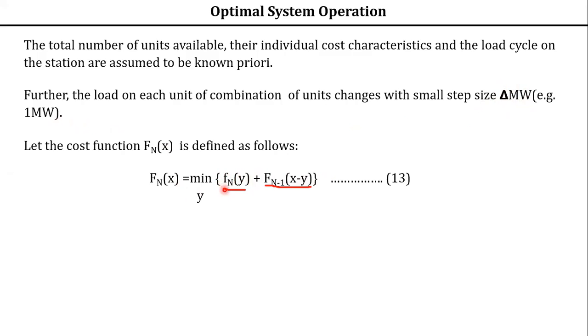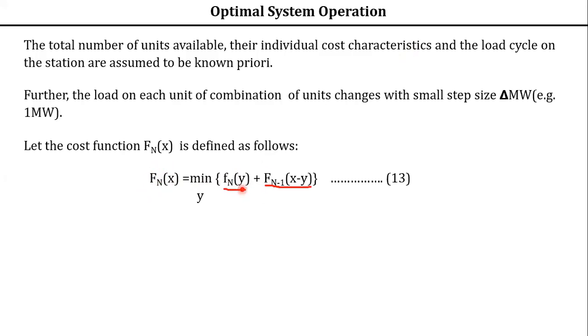And this is the cost of generating Y megawatt by nth unit, not n units, by nth unit. Hope you understood this one. The difference between capital Fn x and small fn y: this is the cost of generating x megawatt by n units, N units, I am using plural.